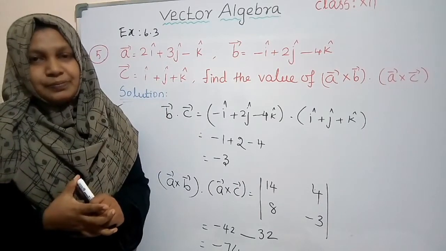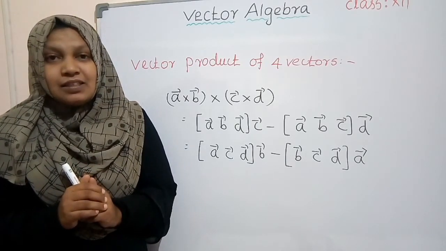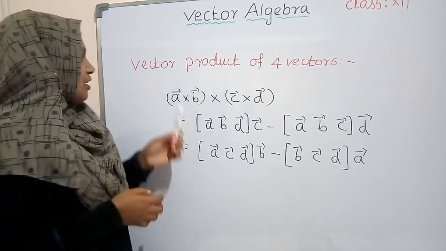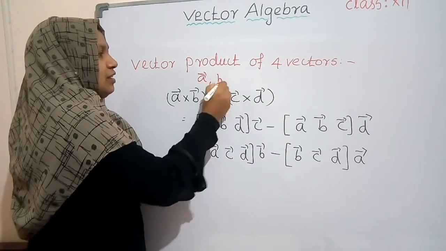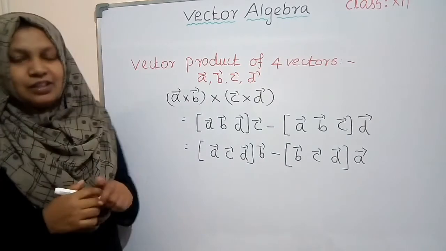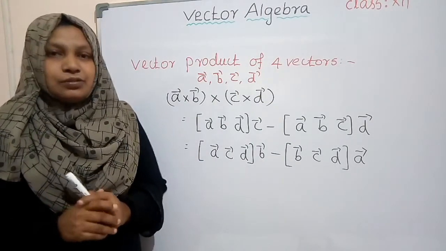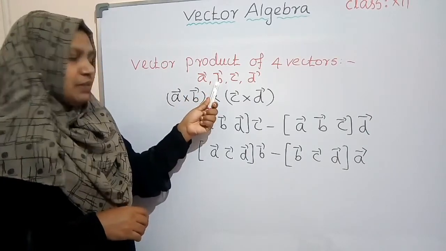So after learning the scalar product of 4 vectors, let's see what is the vector product of 4 vectors. So consider again 4 vectors, that is A vector, B vector and C vector, then D vector. Using these 4 vectors, we are going to define the vector product of 4 vectors. First we have to write A vector cross B vector.